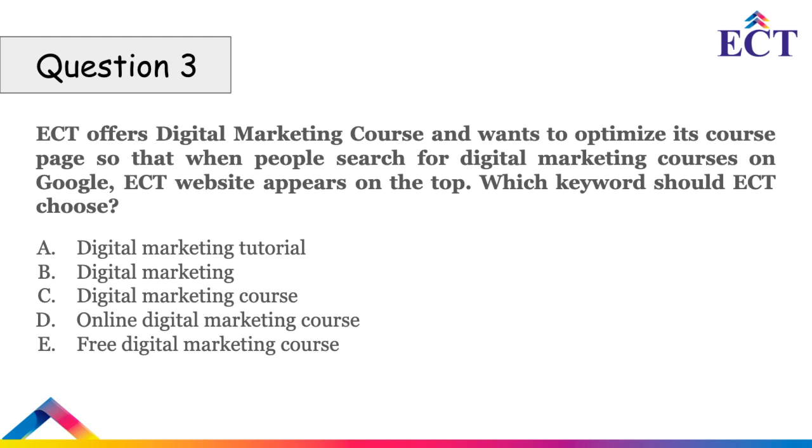Which keyword should ACT choose? A is digital marketing tutorial, B is digital marketing, C is digital marketing course, D is online digital marketing course, and E is free digital marketing course. Keep in mind that ACT offers both the courses, offline as well as online digital marketing courses.